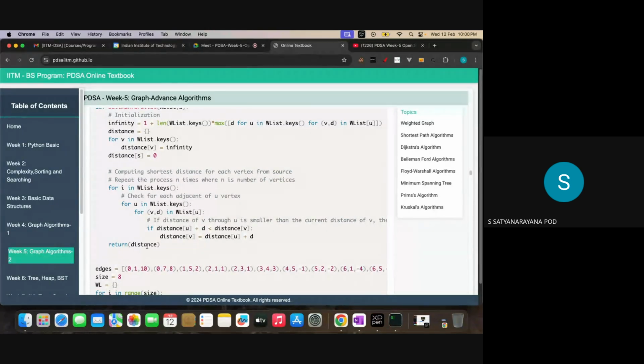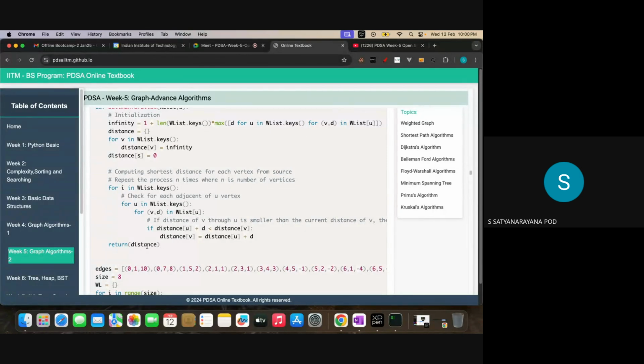Every time we try to detect whether the values are stabilized or not, so until all the edge versions are finished, we don't come to a conclusion. This is what works with negative weights, but it doesn't work with negative cycles.